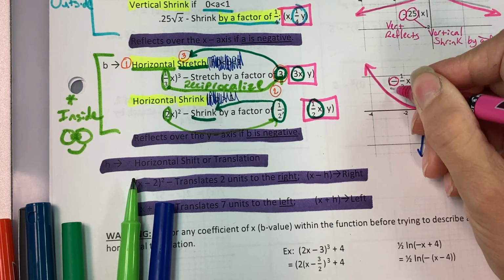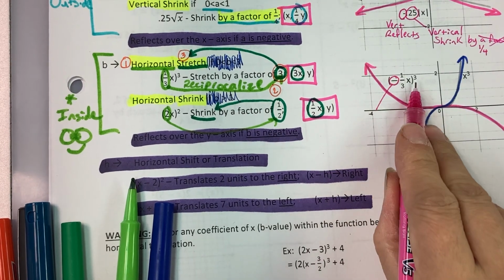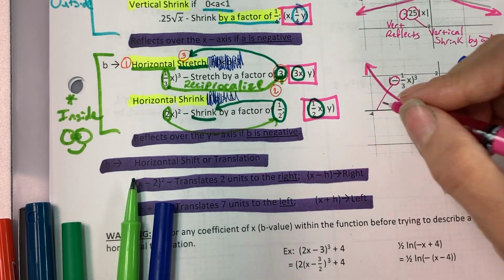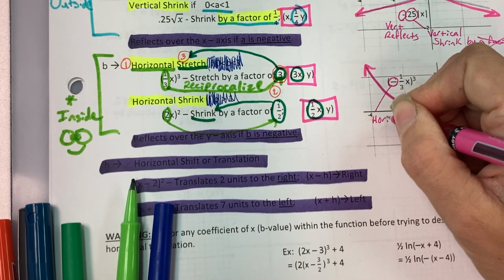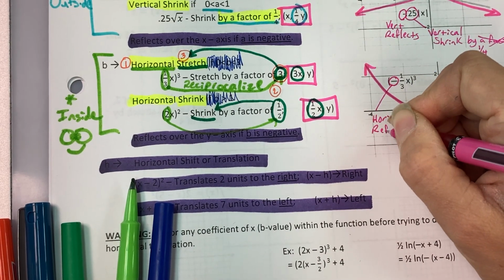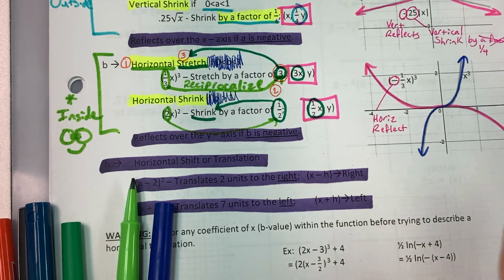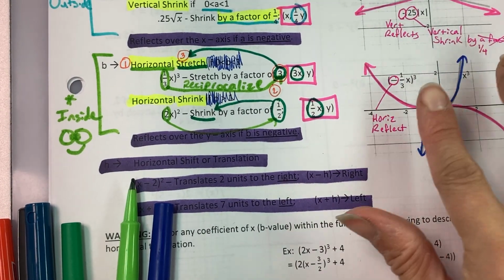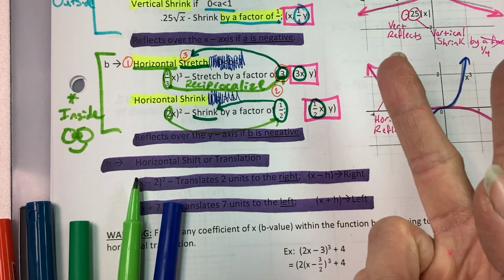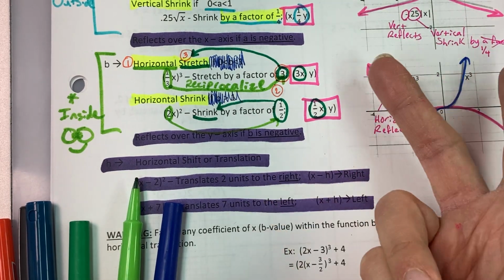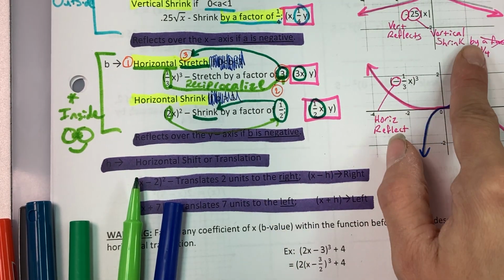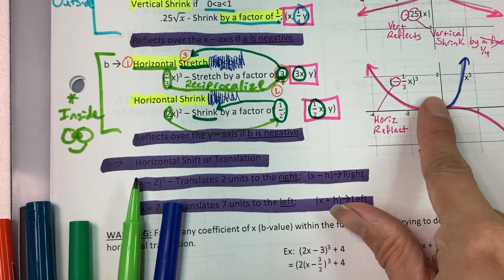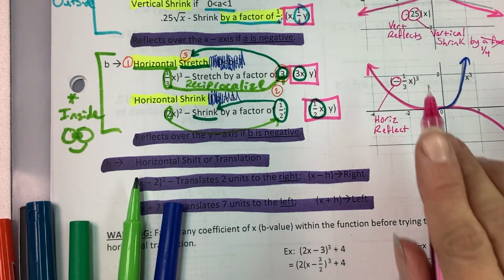The negative is on the inside of my cubic function, so that will be a horizontal reflection. And that fits with what our graph is showing us. If I take this cubic function and flip it left to right or swivel it over that y-axis, this swoosh is going to go over there, and this swoosh is going to go over there.